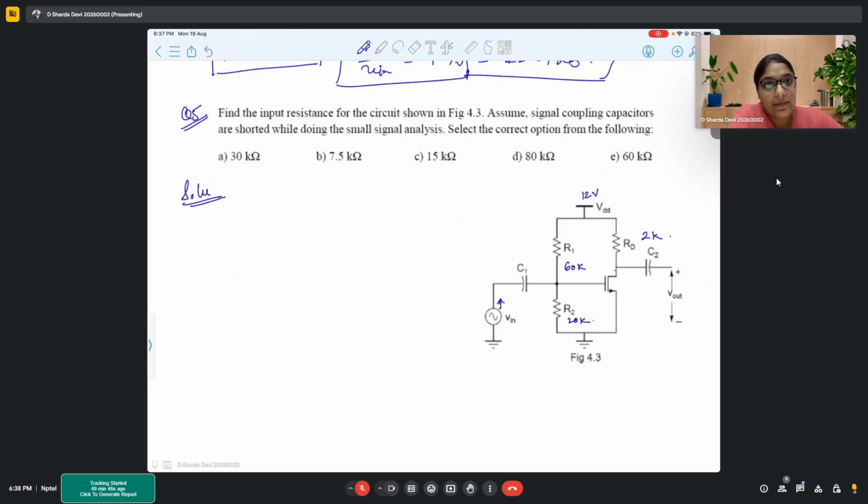That is 60 parallel 20. So Zin will be 60K parallel 20K parallel infinity K. So it will give us Zin of 15 kilo ohms.